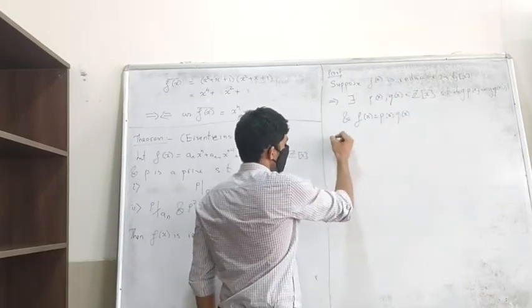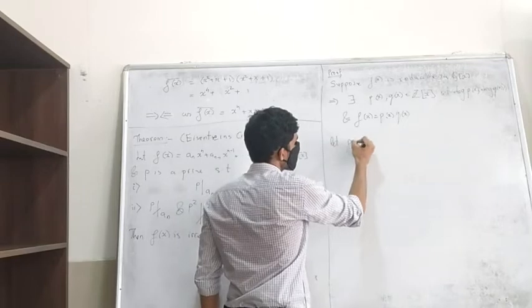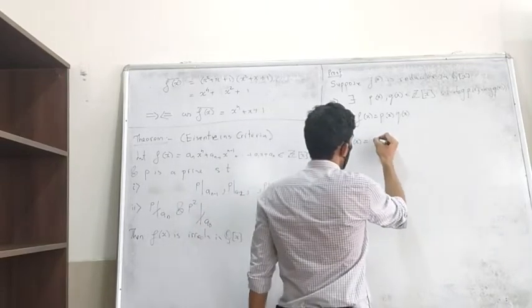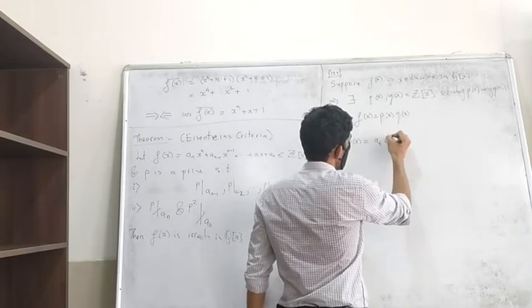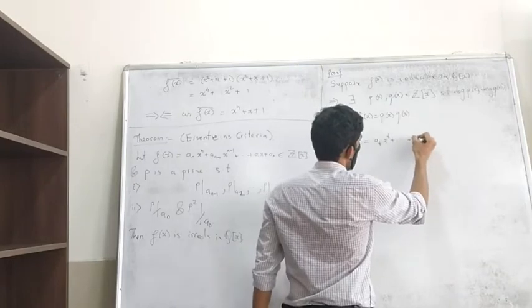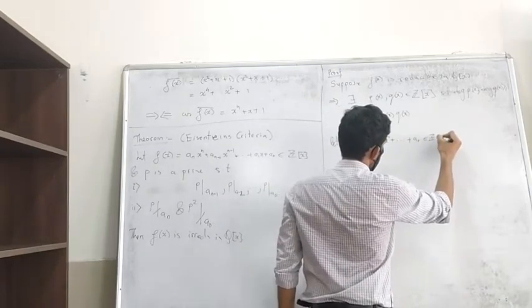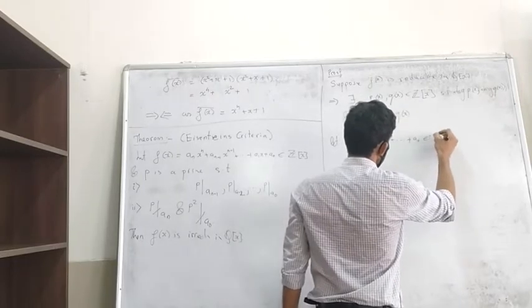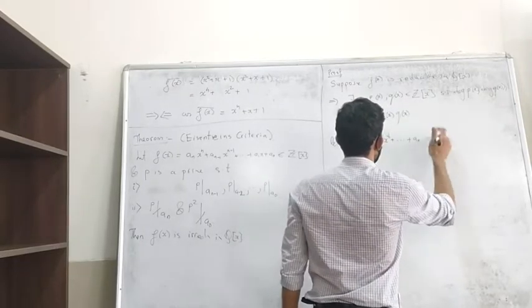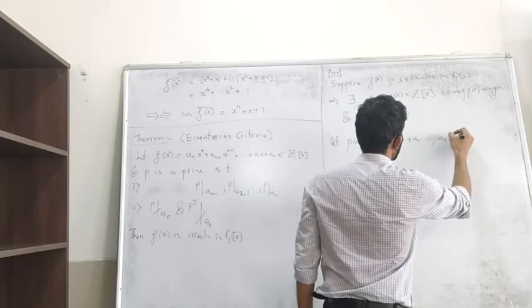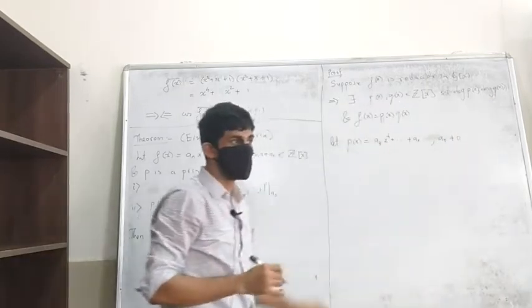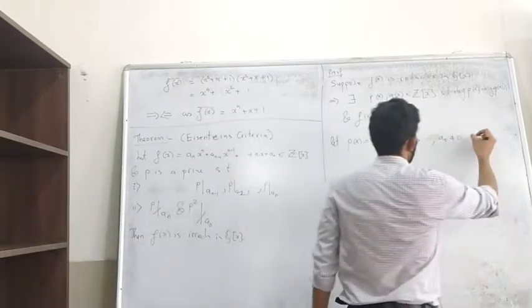So we'll say that p of x is b t x raised to t plus up to b naught, where your b t is non-zero, that means this is of degree t.